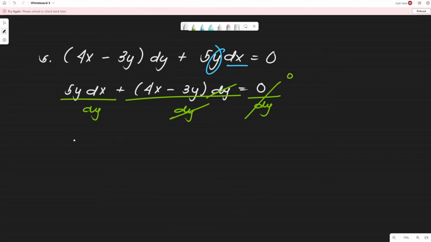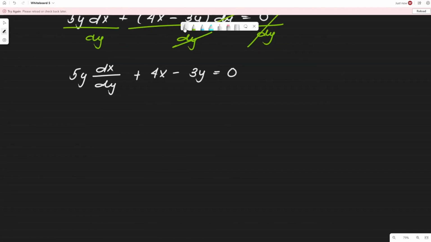So, 5y dx over dy plus 4x minus 3y is equal to 0. Since we are linear in y, lahat ng y dapat, yung negative 3y, mapupunta siya sa kabila. Kasi kanina kaya yung x yung pinupunta natin sa kabila, linear in x yung ating function. Ito kasi linear in y. So we'll have 5y dx over dy plus 4x is equal to 3y.